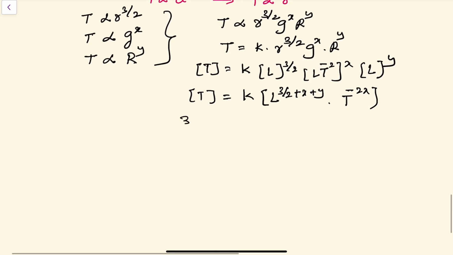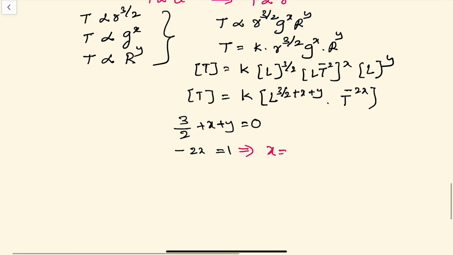Here, 3 by 2 plus x plus y is equal to 0, and minus 2x is equal to 1. From this, x is equal to minus 1 by 2.